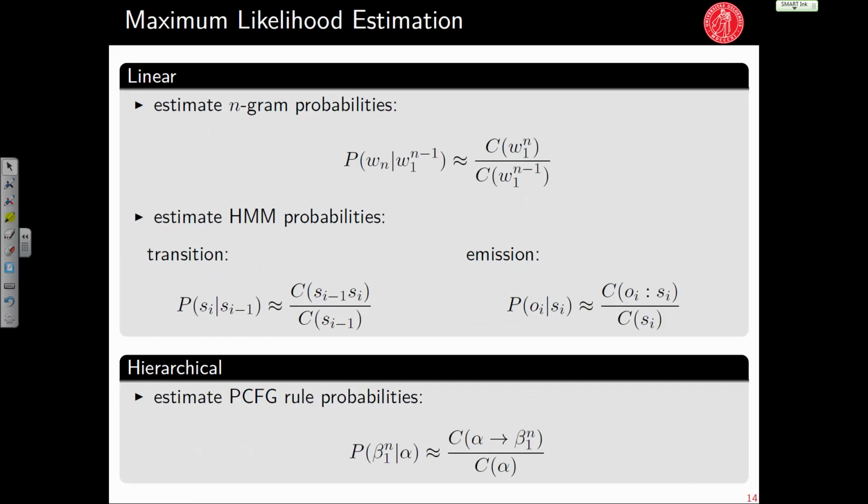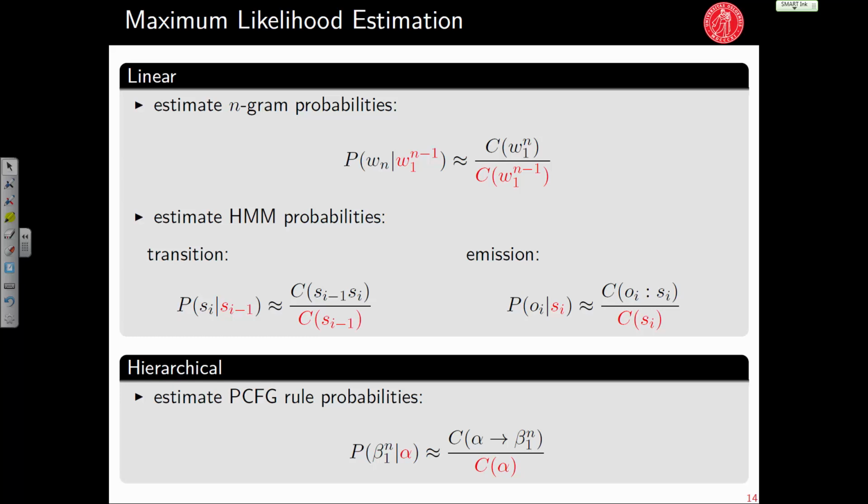Also, in the three cases, we used maximum likelihood estimation to approximate or to learn probabilities. And maximum likelihood estimation is basically the way to transform raw frequencies into probabilities by dividing them. The difference, the particular case for each of these models, is the conditioning context.